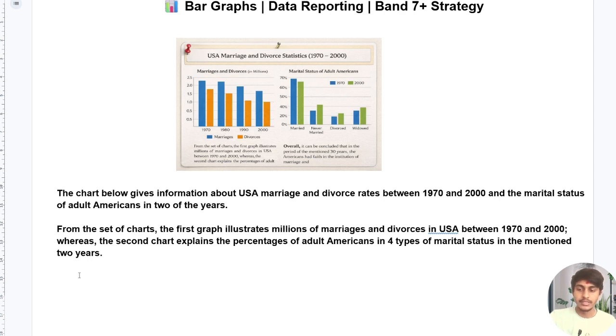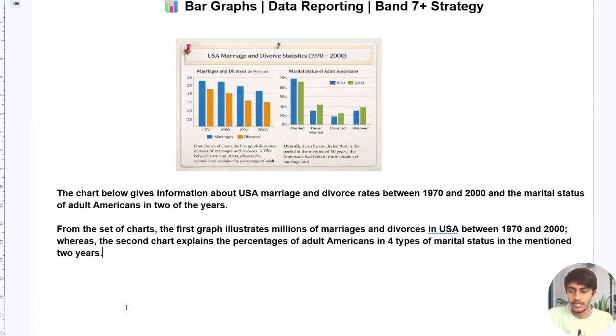So here the writer first organizes information. Notice the structures: the first graph illustrates, the second chart explains. This tells the examiner I understand that there are 2 different visuals. Also notice millions is a quantity unit, while percentage is a proportion unit, and this avoids confusion.